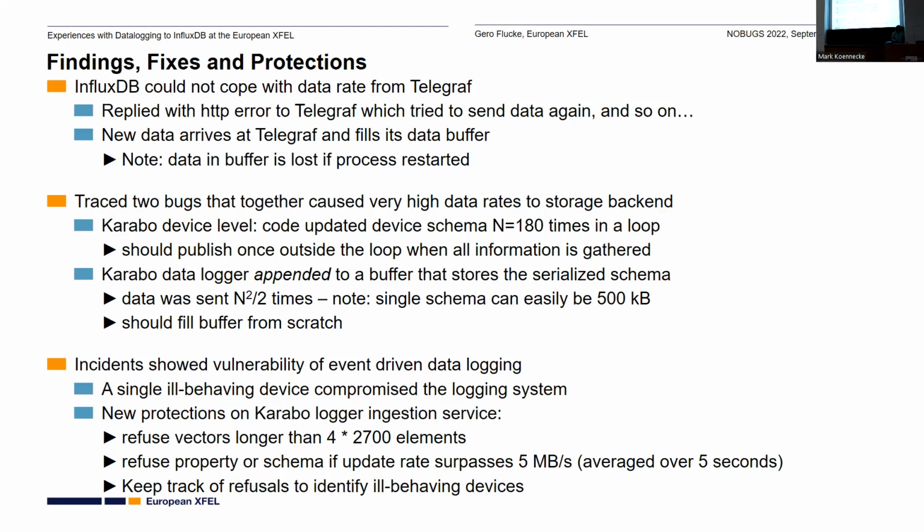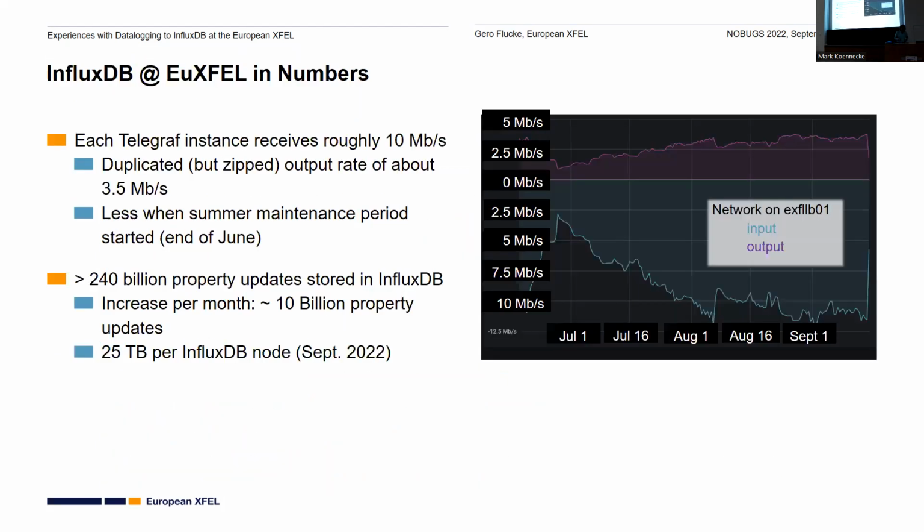It's nice that we are event-driven, but we have to prepare ourselves, because otherwise a single ill-behaving device can compromise the logging system. The protections are now put in place in the Karabo data logger system, with 2 long vectors of schema update rates for every property, and we keep track of refusals to identify these badly behaving devices.